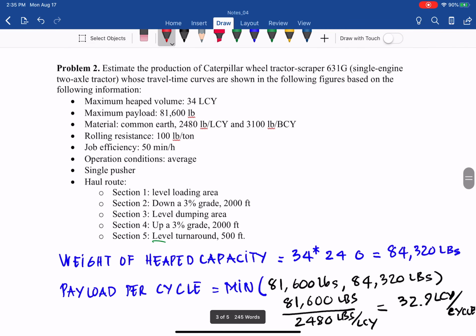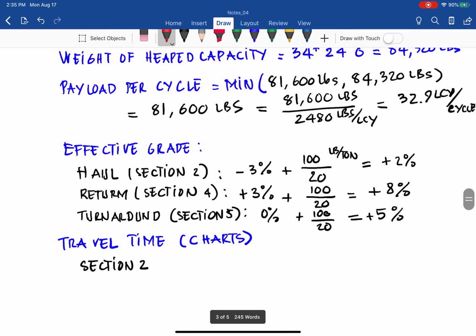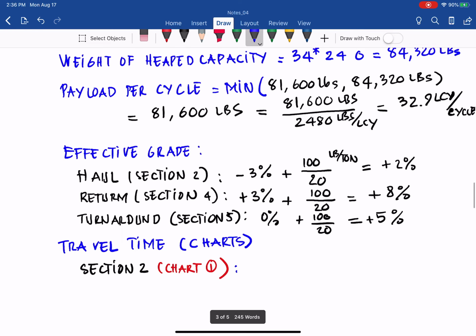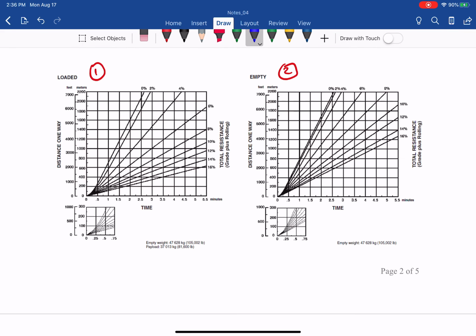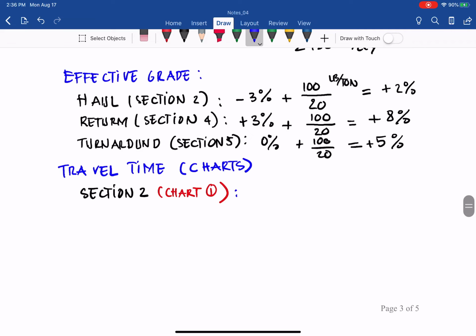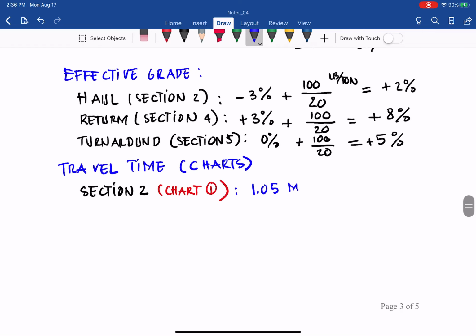This one is during the haul, so it is loaded, so you have chart 1. Effective rate 2%, and the distance is 2000. Go there to meet the 2%, and going down, that is the time, and it will be about 105 minutes.